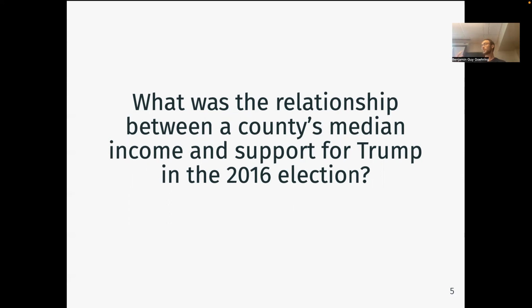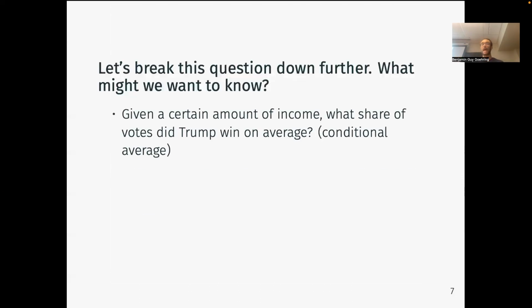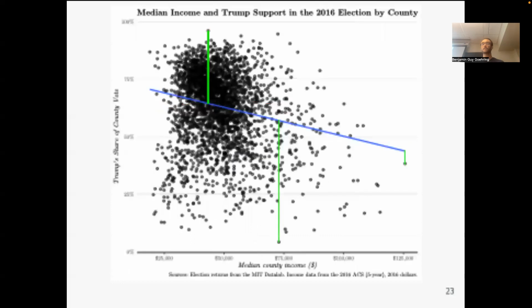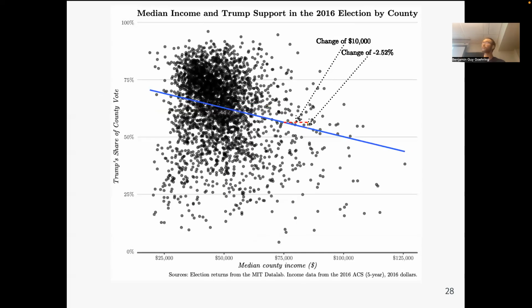On average, counties that are more wealthy, that technically have higher incomes, support Donald Trump less. We know that because the slope of our regression line is negative. And we can also say something about how much of a change is happening. It's a decrease of 2.5%.